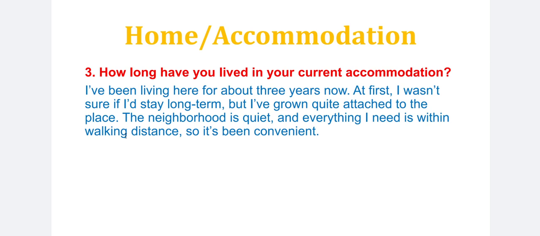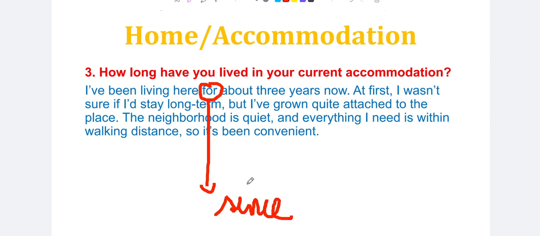Now, let's say you have been living in your home since your childhood. Your answer should be like this: I have been living here since my childhood. You should be very careful that rather than "for", you will say "since".